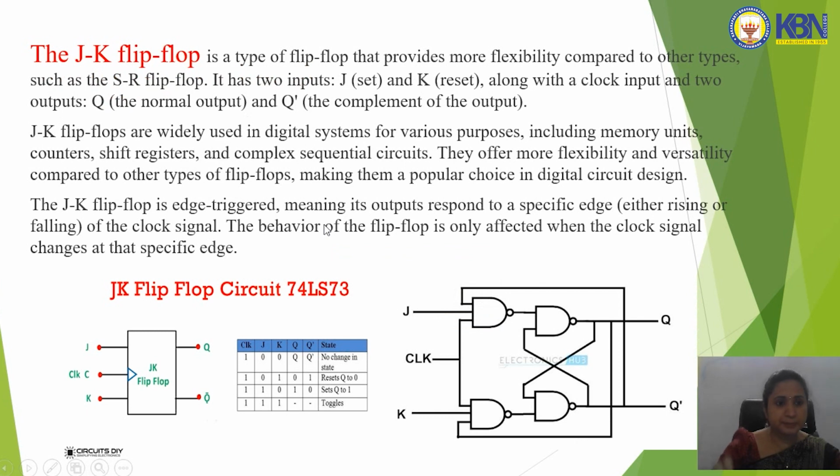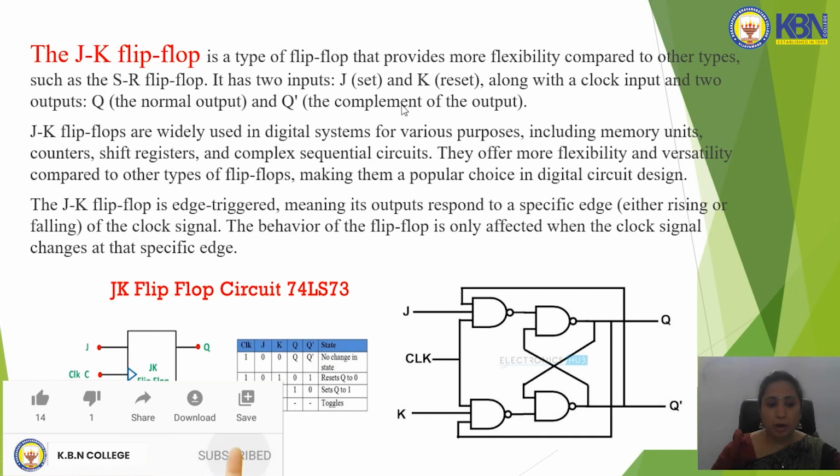Next, the JK flip-flop. It is another type of flip-flop used in digital circuits. It has two inputs, J meaning set and K meaning reset, as well as a clock input, and it has two output states: one is the normal output, that means Q, and another one is the complement of the output.